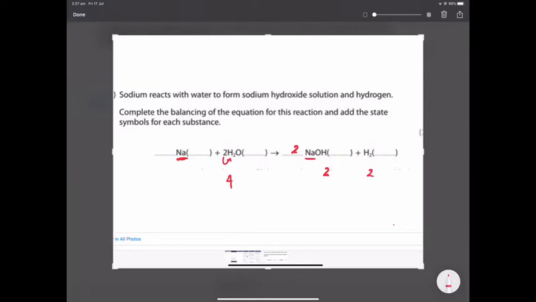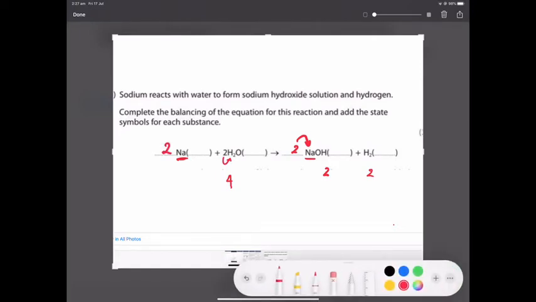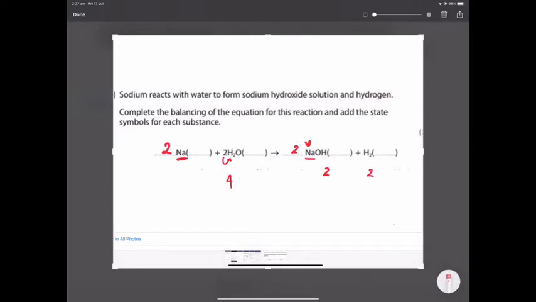So now let's move on to the oxygens. Or, in fact, we can go back and correct the adjustment that has been made to the sodium, because by putting the 2 in front here, you now have 2 sodium as well. So you have to adjust that and make that 2 sodium. Okay? So now the sodiums are balanced and the hydrogens are balanced.